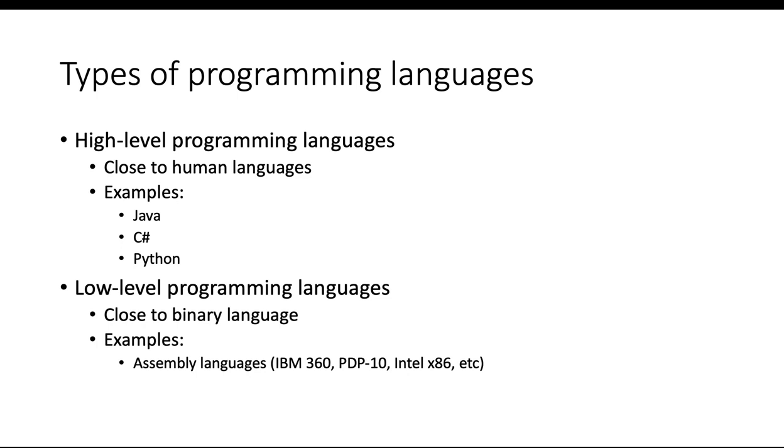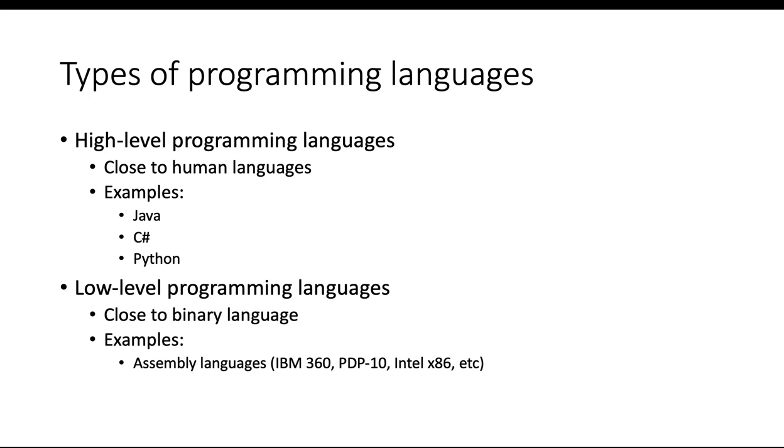They are designed for a wide range of applications, whereas high-level programming languages most of the time are designed for a specific domain, for a specific purpose. That's why we see a lot of high-level programming languages, but at the end, when you compile them, they go down to a few binary languages. All right.